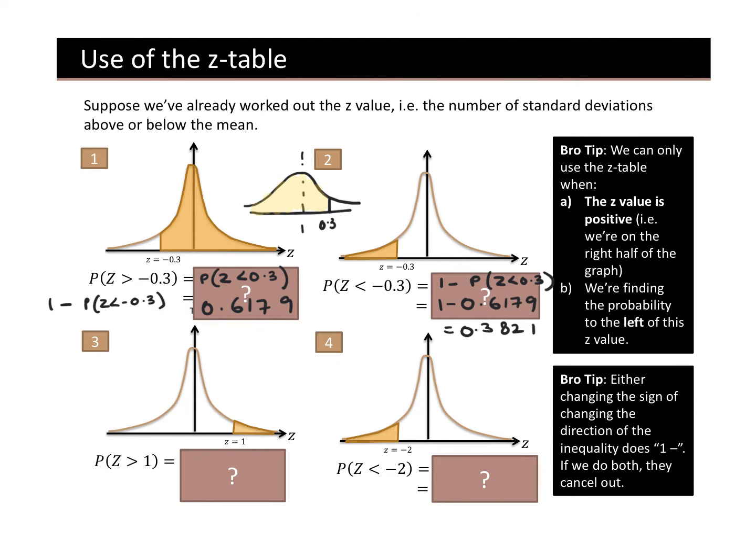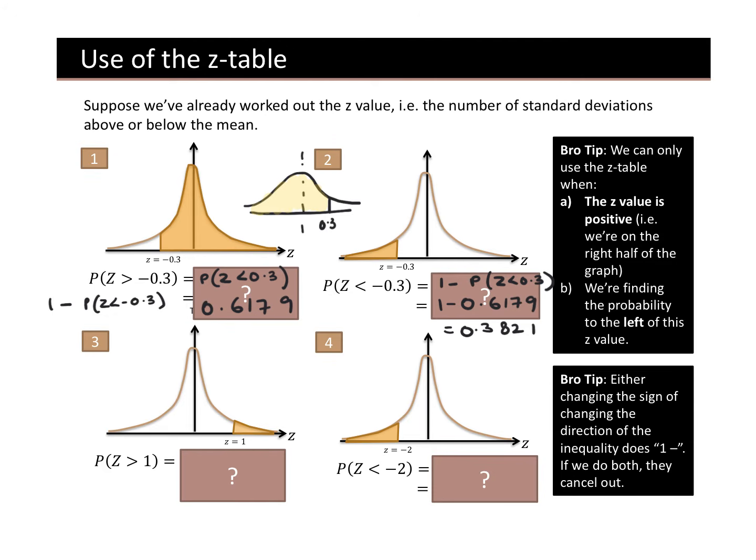Okay, the next one, and what's the probability of z being greater than 1? So what are we going to do? Okay, the table only gives us less than. So if it says greater than, we know we've got to do something different.